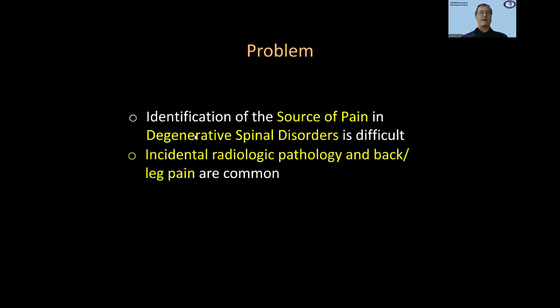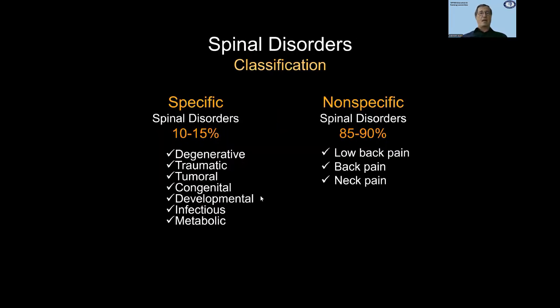Identification of the source of pain in degenerative spinal disorders is difficult, and incidental radiologic pathology and back and leg pain are common. If we try to classify spinal disorders, most are non-specific: 85 to 90% of the patients come to you with low back pain or neck pain, and only 10 to 15% are specific disorders.